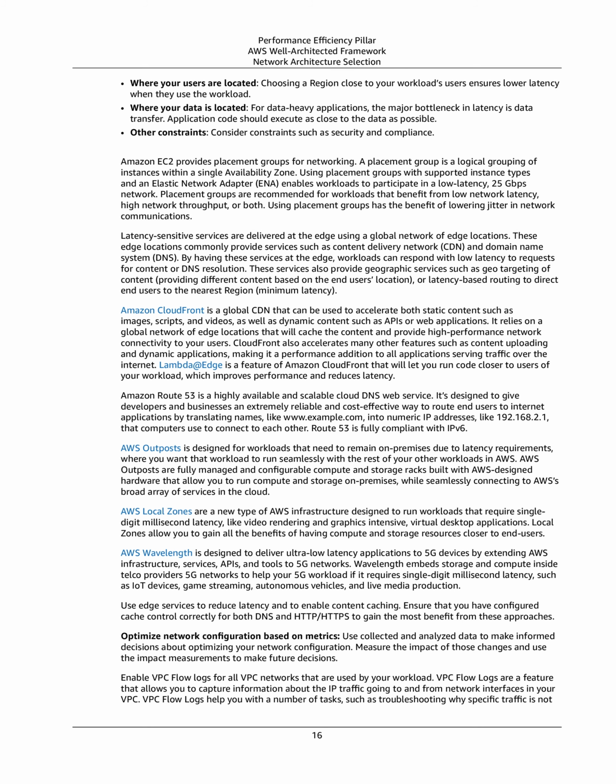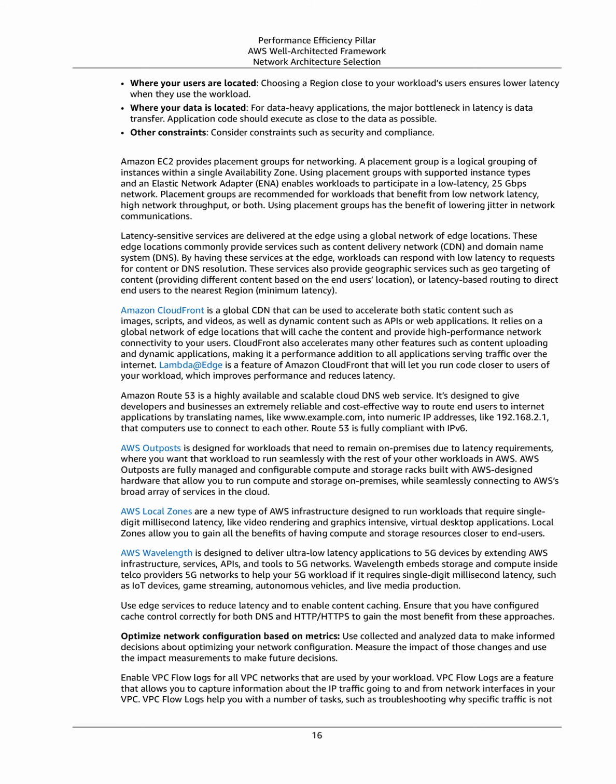AWS Wavelength is designed to deliver ultra-low latency applications to 5G devices by extending AWS infrastructure, services, APIs, and tools to 5G networks. Wavelength embeds storage and compute inside telco providers' 5G networks to help your 5G workload if it requires single-digit millisecond latency, such as IoT devices, game streaming, autonomous vehicles, and live media production.